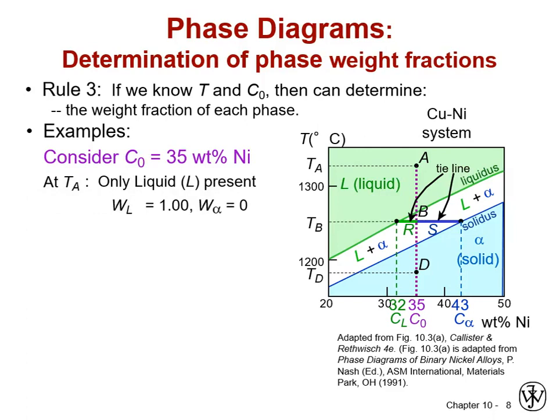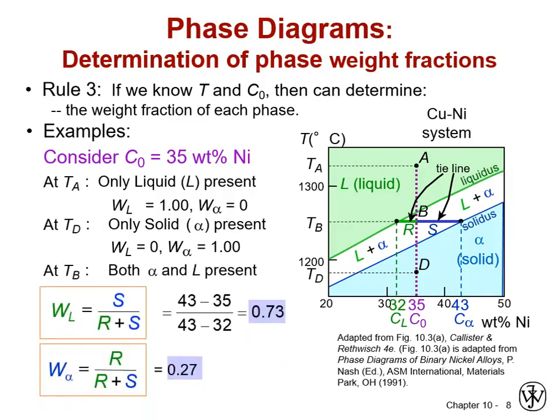So just a quick review here, remembering that we cooled down from T_A, where we had all liquid, and if we had gone all the way to T_D, we'd have all solid. We can use the ratio of the tie line regions to tell us how much liquid and how much solid we have. So the weight fraction of liquid, and in this case it's a fraction based on just two phases, liquid and solid, is the portion of the tie line labeled S over the entire length of the tie line.